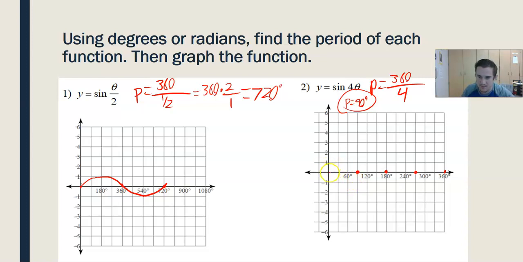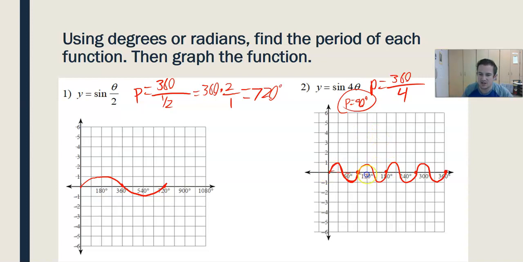So again, this is not going to be perfect, but it's going to look something like that. It takes 90 degrees to get through one full sine wave, just like that.